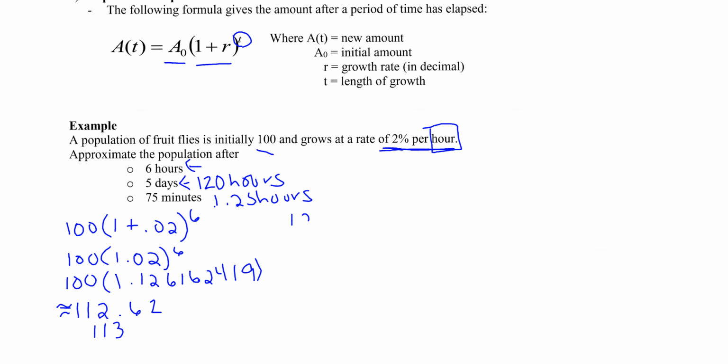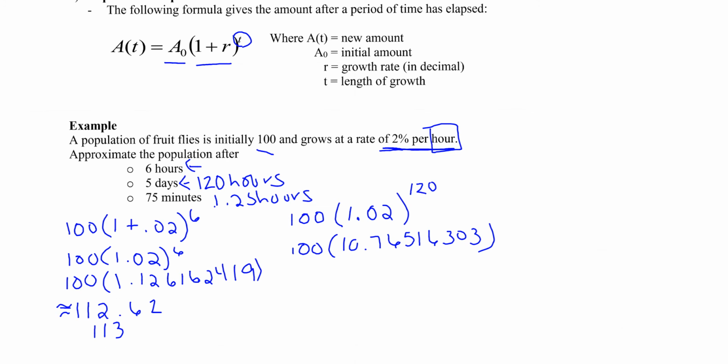Next, we'll do 100 times 1.02, I'm just going to go ahead and add it to the 120th power. So we get 100 times 10.76516303, which is the same as 1,076 and 52 hundredths. But again, we're talking about fruit flies, so we're going to estimate it at 1,077.